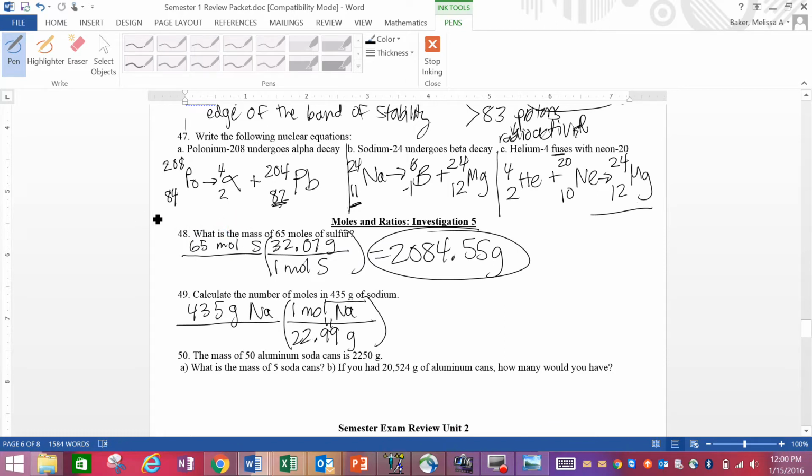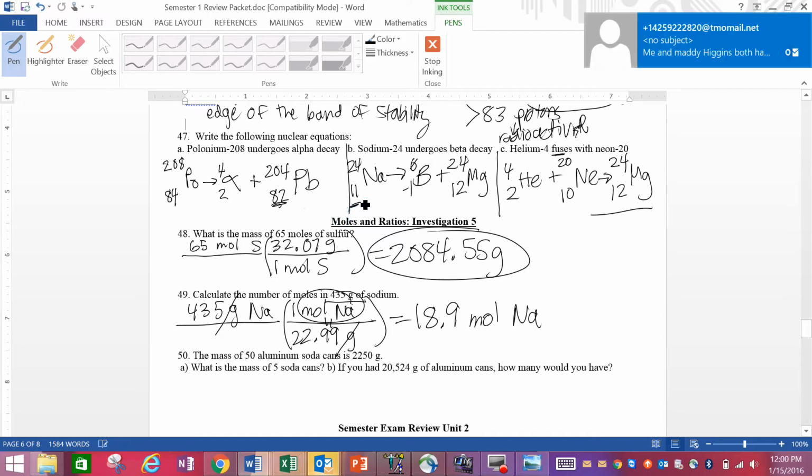You've got 435 grams. 1 mole weighs about 23 grams, so how many moles do you have? Multiply across the top, divide by the bottom. Notice grams are going to cancel out, and you're going to be left with moles. So 435 times 1 divided by 22.99 ends up being 18.9 moles of Na.